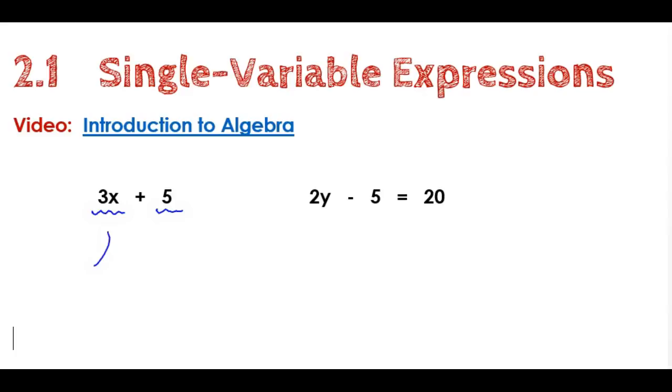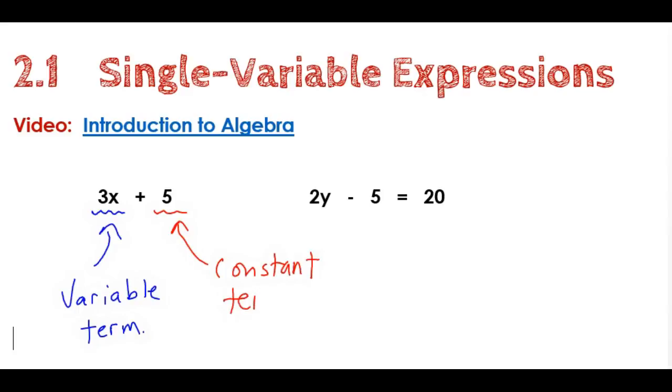So the term that has the variable in it is called the variable term. And the term that does not have the variable in it, the term that doesn't change, is referred to as the constant term. Constant meaning it's going to be constantly 5. It's never going to change from being 5.